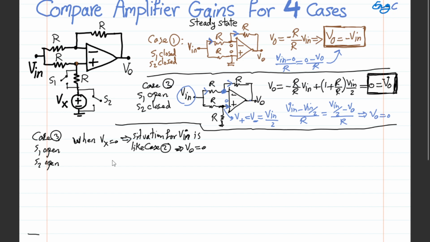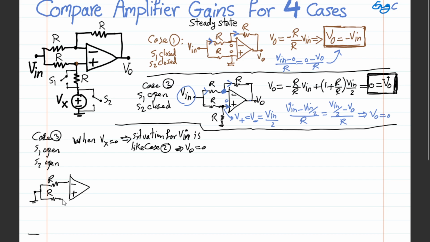Now, the only thing that can do anything at the output is just the presence of Vx. So in that setup, I have this situation. I have my op amp and negative feedback, and I have resistor R. I make the assumption that V in is 0, because I know V in is not doing anything.